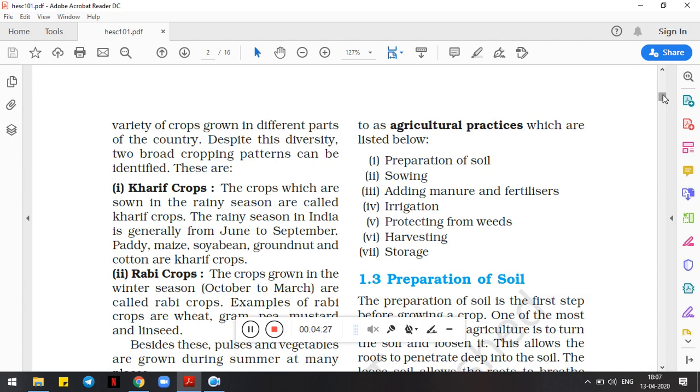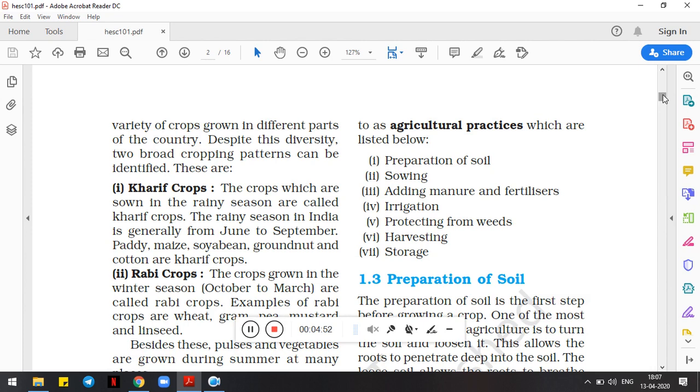The crops which are grown are like paddy, maize, soybean, groundnut and cotton. We have Rabi crops, the crops which are grown in the winter season, that is October to March. They are called Rabi crops. Examples of Rabi crops are wheat, gram, pea, mustard and linseed.